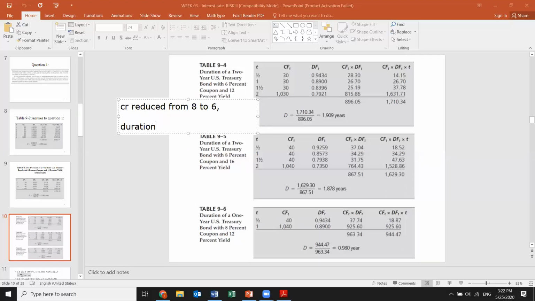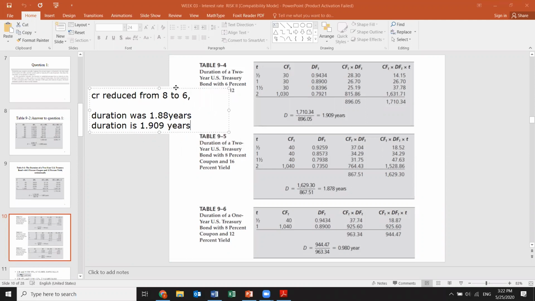Duration was 1.88 years. Now, duration is 1.90 years. So the reduction in the coupon rate increased the duration. That is not a good thing, okay?